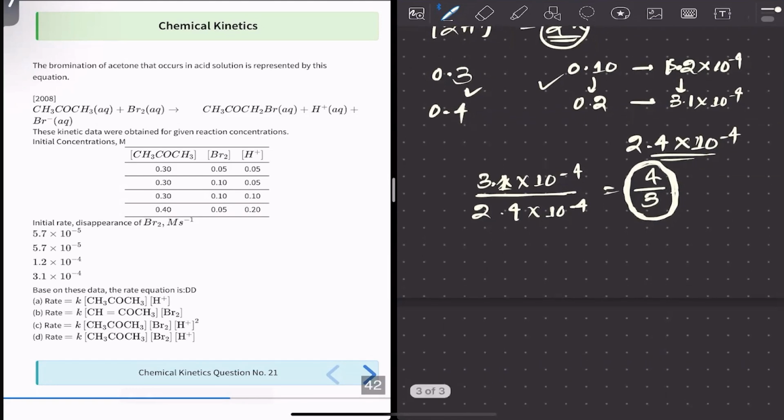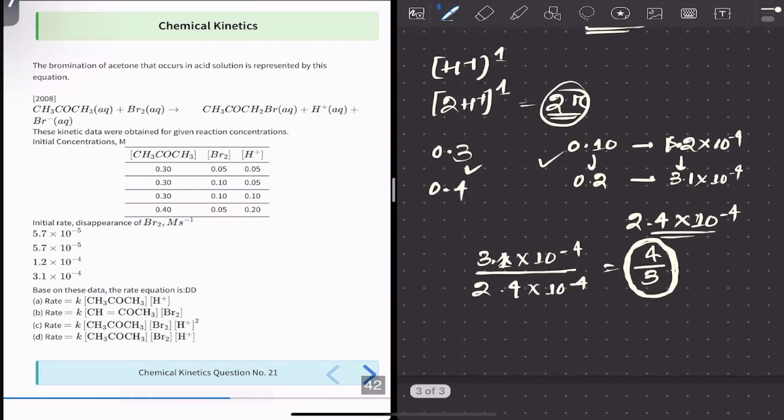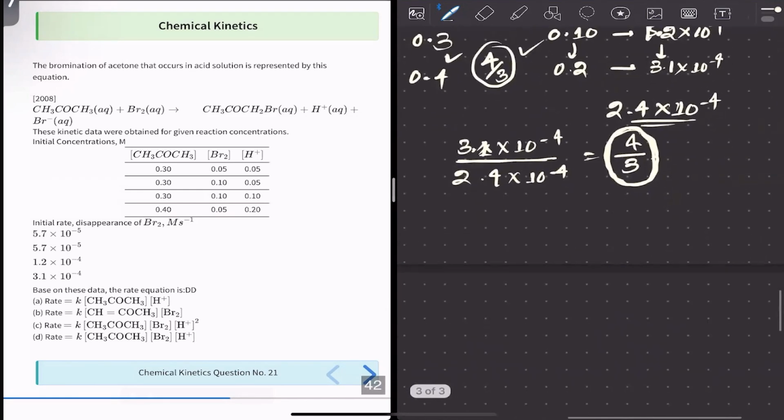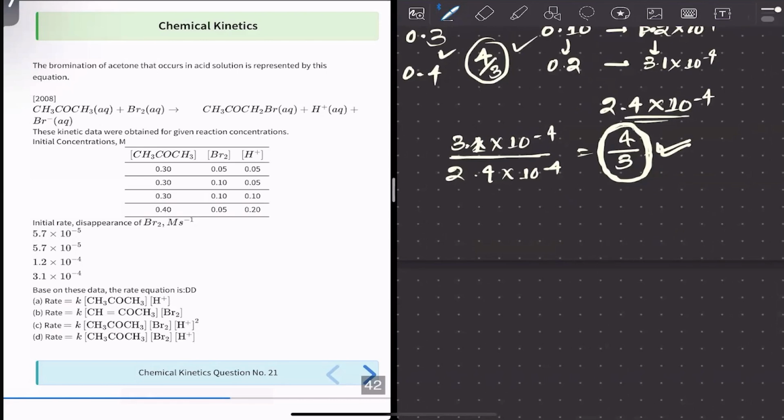So if we increase the concentration of CH3COCH3 by 4 by 3, then the rate of reaction also increases by 4 by 3. That means the superscript for CH3COCH3 will also be 1.